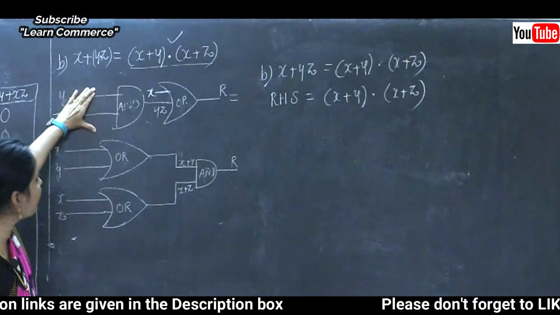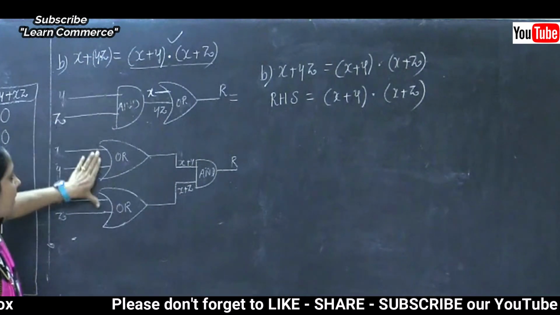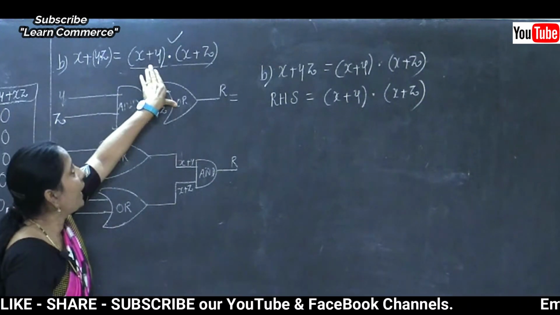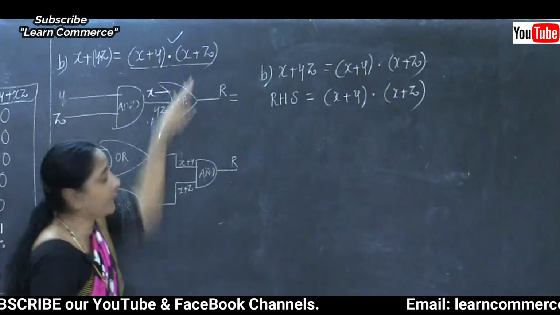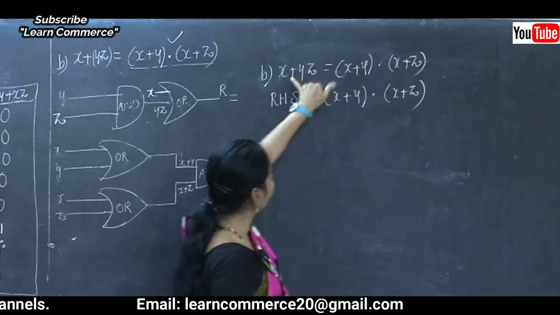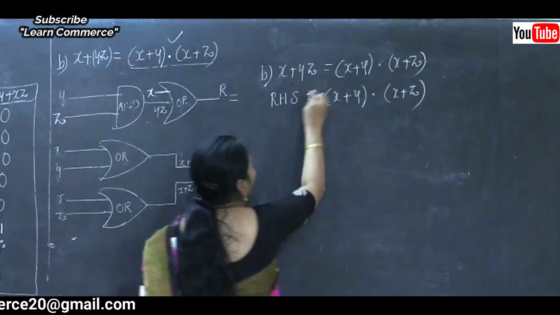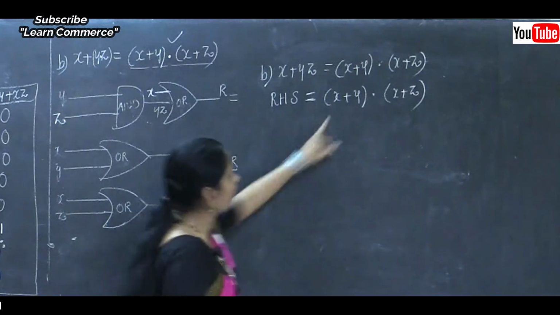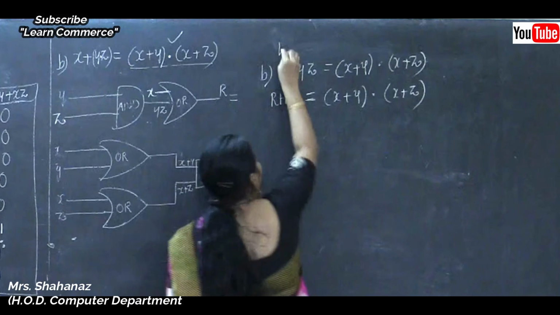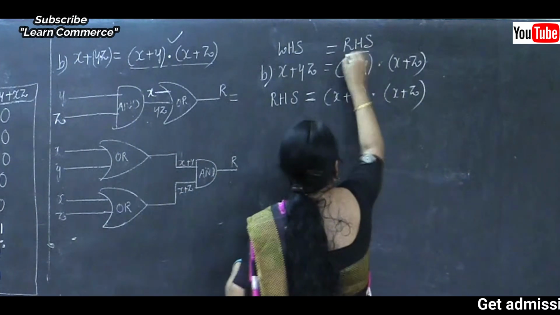Now the first symbol is equal to our left hand side x plus yz, and the second diagram shows the symbol of the right hand side, that is x plus y and x plus z. Now we are going to prove whether the left hand side value is equal to the right hand side value. While proving, first of all I am taking the right hand side value. So this is the left hand side and this one is the right hand side, correct?